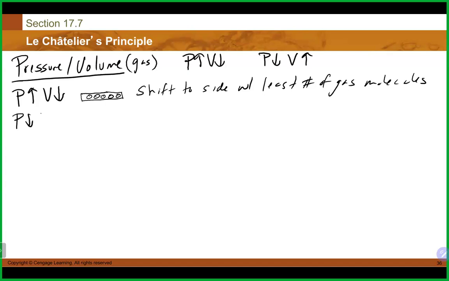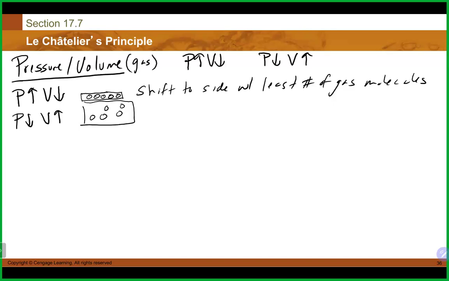Now, the opposite, right? The pressure will go down as the volume goes up. As the volume increases, we now have a lot more space for those gas molecules to move around, and that's going to cause fewer collisions to occur, which is why we see our pressure start to drop.